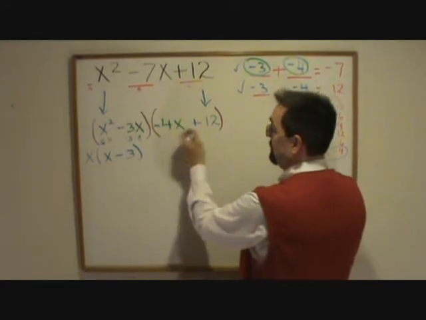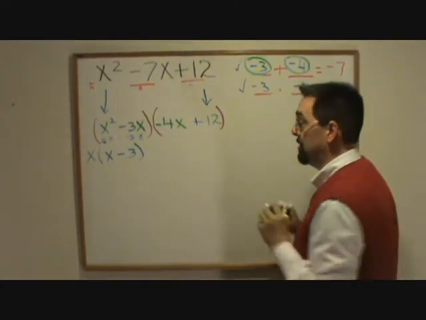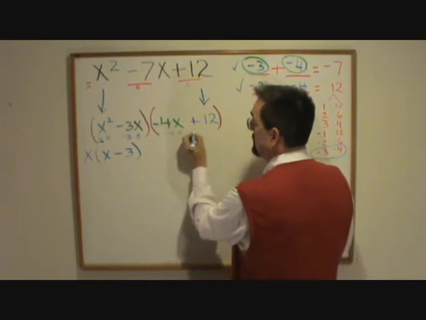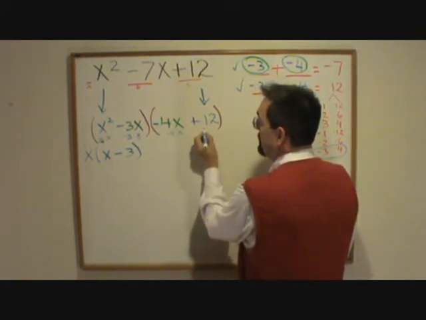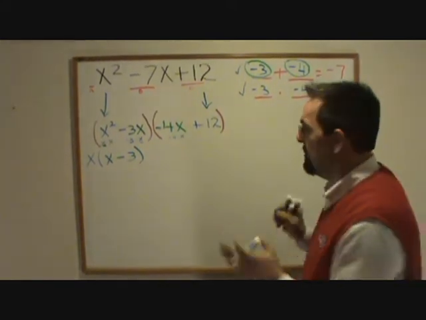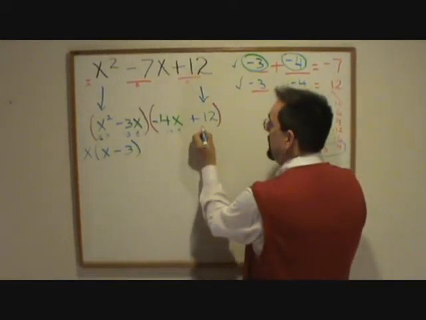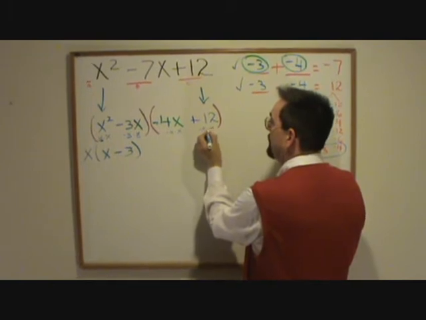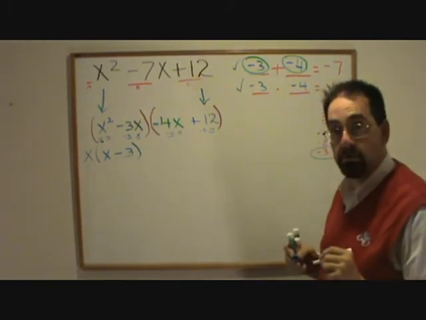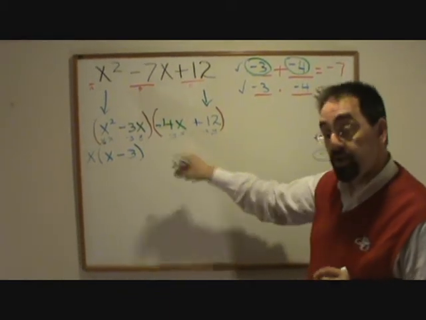Now let's look at the second one. How can we factor this second one? Well, we have a minus 4 and an x. And then over here, we've got minus 3 and minus 4. Good job. What can we pull out of both of those? A minus 4 is common to both.